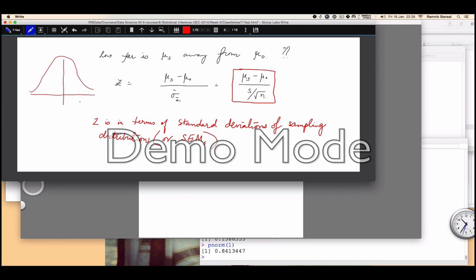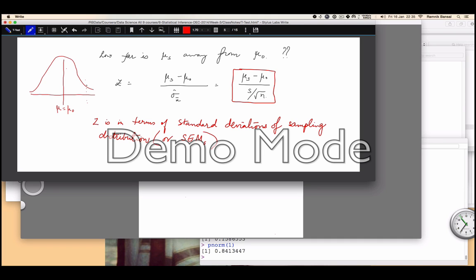My null hypothesis is that the mean of the samples should still be equal to mu zero, and then I'm getting these different values for mu. The standard deviation is given by sigma upon square root of n. In this case, it becomes s upon square root of n.